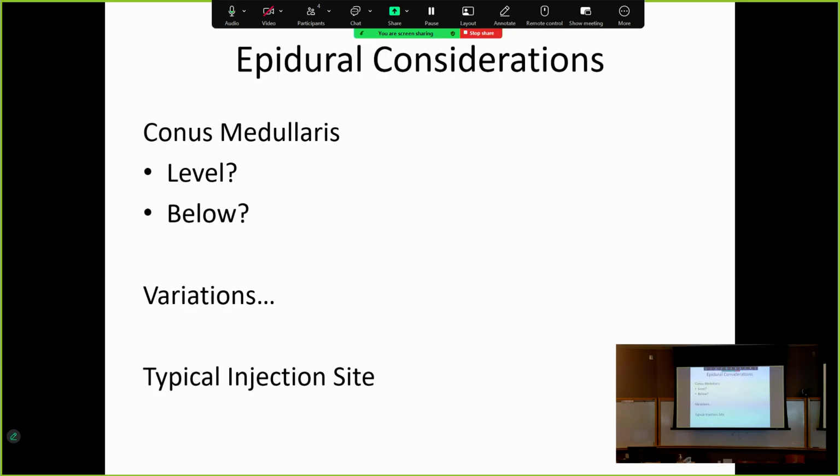Okay, so then when we give epidurals, when we need to puncture the dural sac for any number of reasons, the most common ones would be taking a spinal tap to test for meningitis, also epidurals during childbirth, right? Those are probably the two most common to think of. Where do we do that at? Well, we need to be below L2.